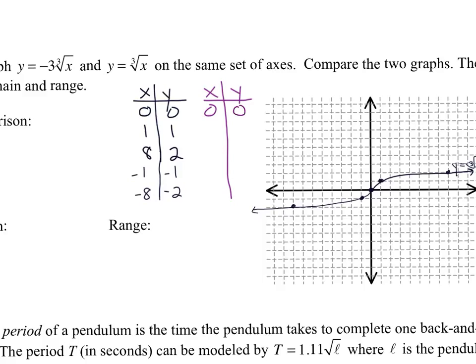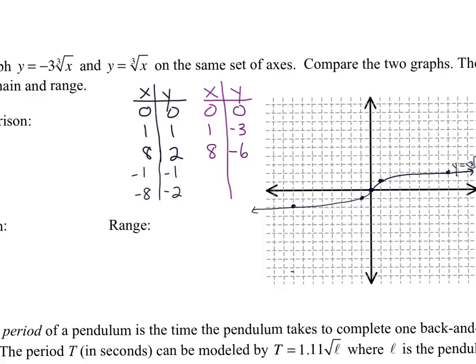And then the next one I'll choose is 1. The cube root of 1 is 1 times negative 3 is negative 3. And then I'll choose the 8. The cube root of 8 is 2. 2 times negative 3 is negative 6.